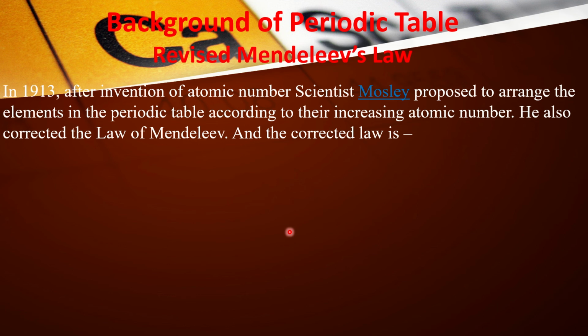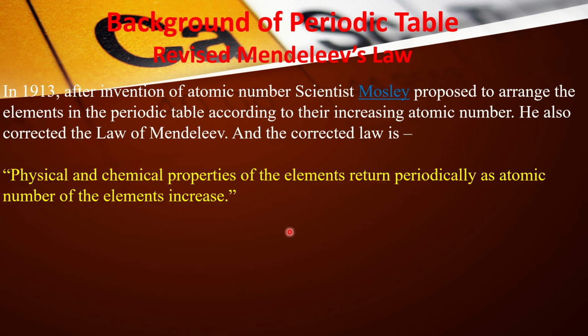After that, scientist Moseley proposed to arrange the elements in the periodic table according to their increasing atomic number, not according to increasing atomic mass. He also corrected Mendeleev's law, and the corrected law is: physical and chemical properties of the elements return periodically as atomic number of the elements increase.